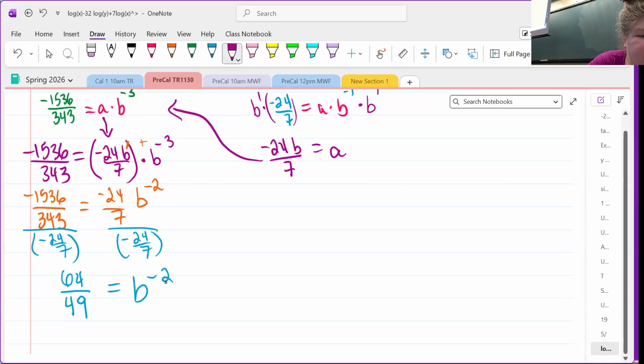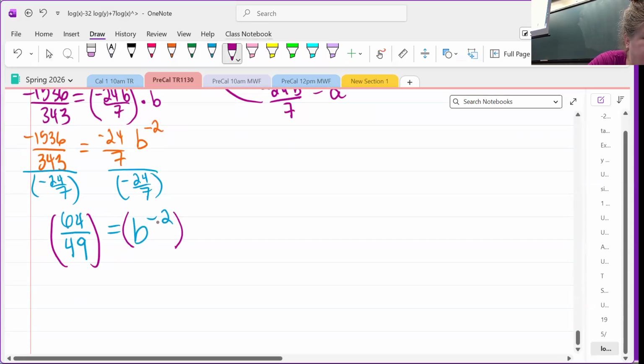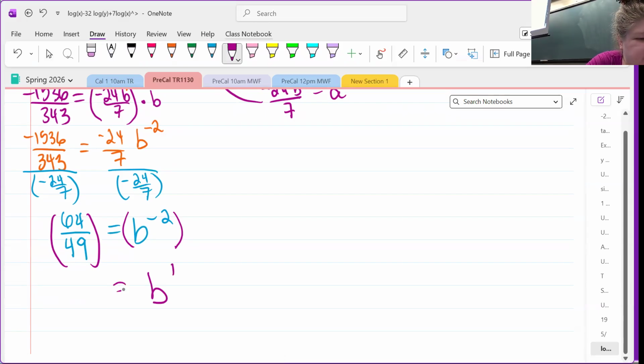Now to get rid of the negative second power, I can't multiply by an extra b because then that would put a b on the left side. So I can only raise both sides to an appropriate power. I want to figure out, what do I multiply to -2 so I end up with b to the first. Since it's -2, I need my power to be negative.